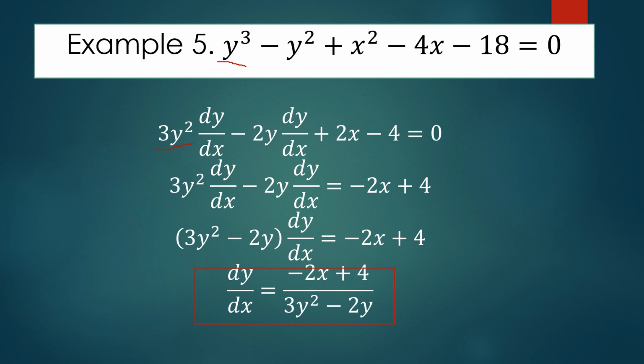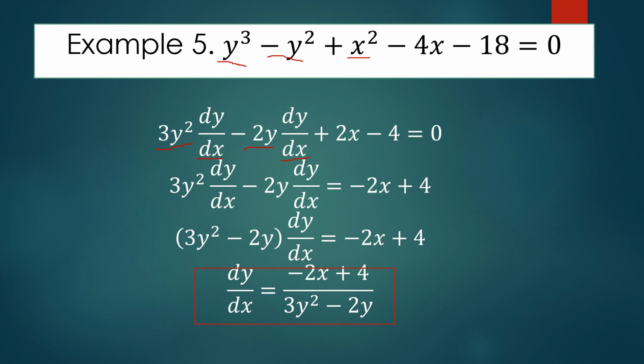Or since yung variable na kinuhanan natin ng derivative is y, maglagay tayo ng dy over dx. Next, how about the derivative of negative y squared? The derivative is negative 2y, and since the variable is y, maglagay ng dy over dx.